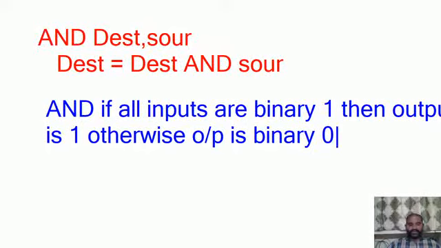If at all the inputs are binary ones, then the output is 1. In short, if any one of the inputs is 0, the output is going to be 0, or if all inputs are ones, then the output is 1. That is the statement for the AND gate.